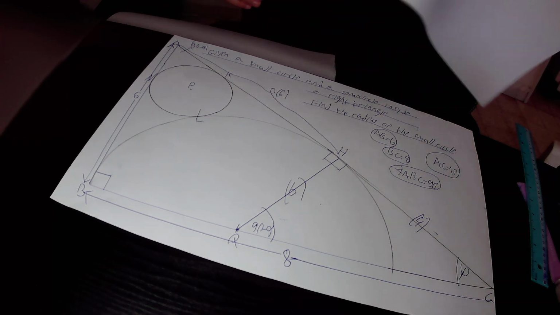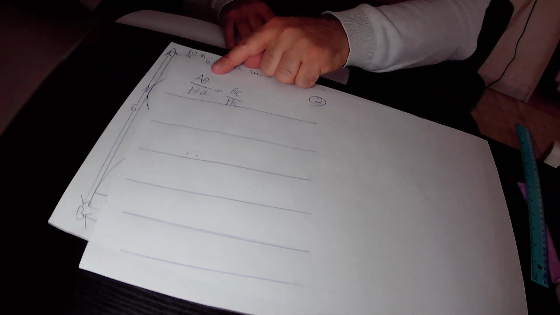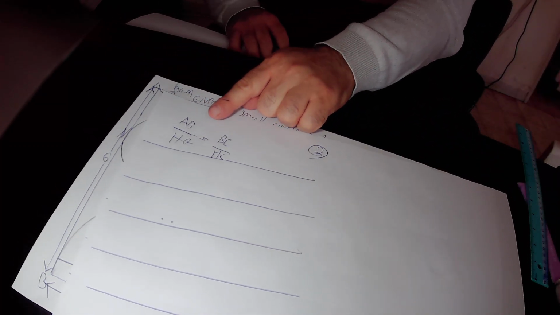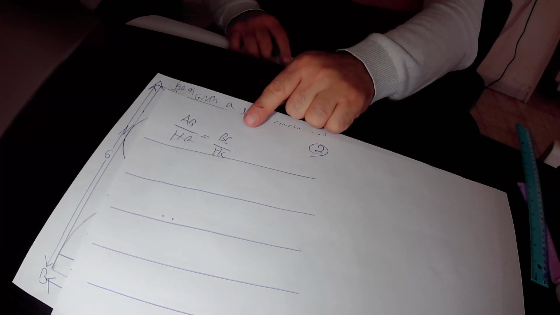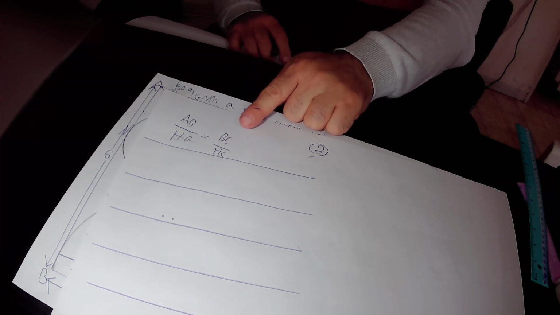And again, we derive that side AB in the big right triangle ABC over side HQ in the small right triangle HCQ equals side BC in the big right triangle ABC over side HC in the small right triangle HCQ.